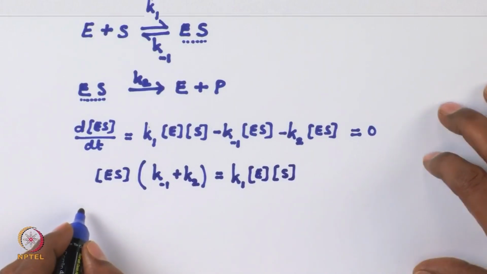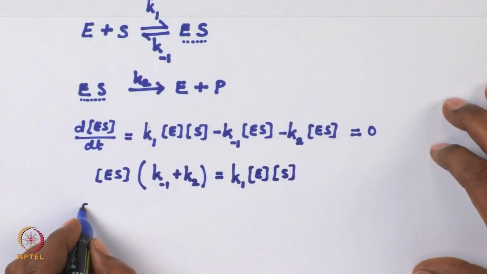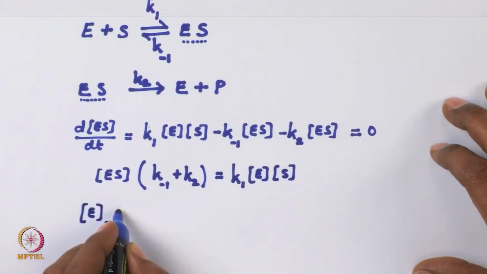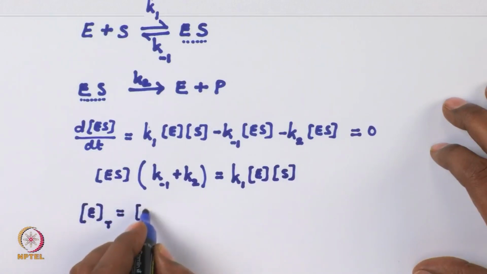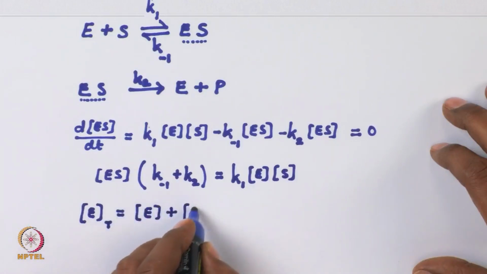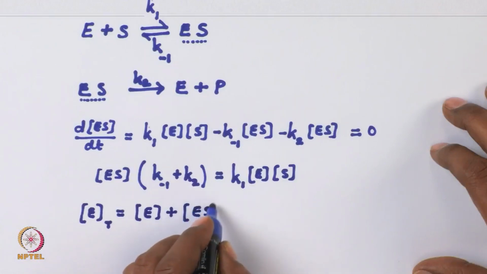Now, I will make use of another fact, that the total enzyme concentration has to be equal to free enzyme concentration plus that of its complexed form with the substrate.